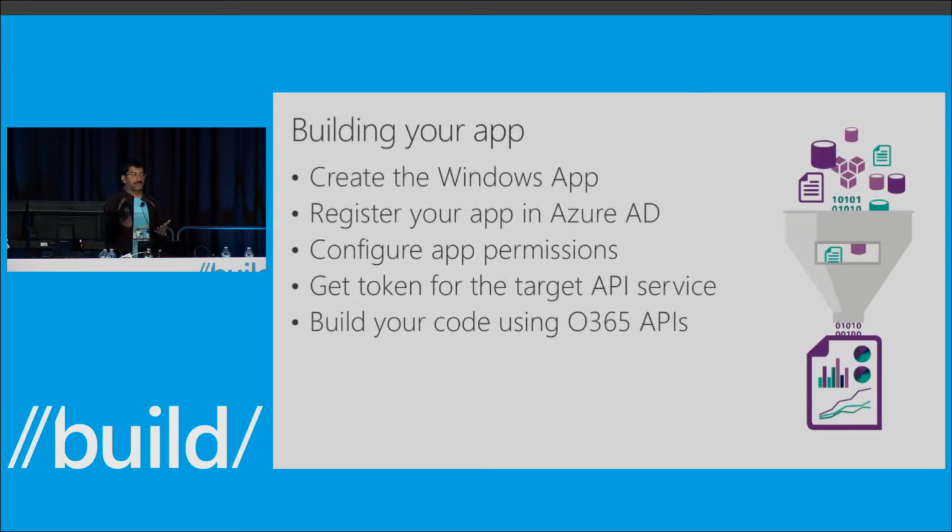So what does it take for us to now take what we have, the Windows 10 app, and talk to Office 365? Well, the first step was to create the Windows app. We already created that. The next step is we need to register our app in Azure AD. I'm a developer, I have a developer tenant, so I need to use my tenant to say, hey, I want to register my Windows app in Azure AD.